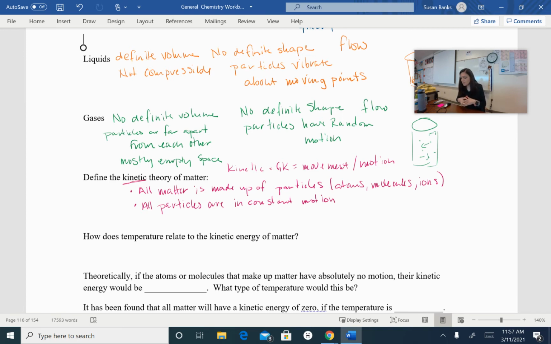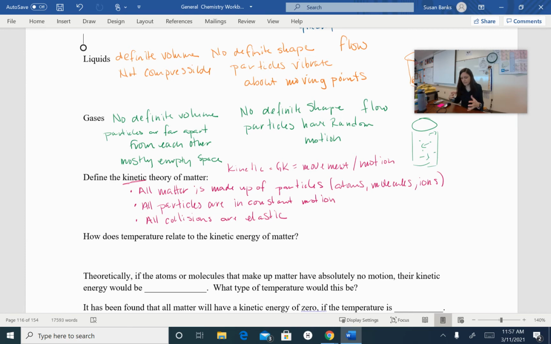The other idea is that when particles collide with each other, the collision is what we call elastic. And if I have a collision that is elastic, it means that when I collide with something, no energy is lost.